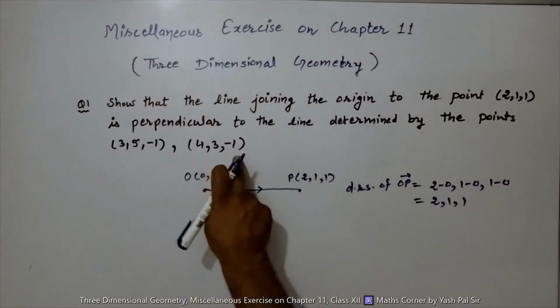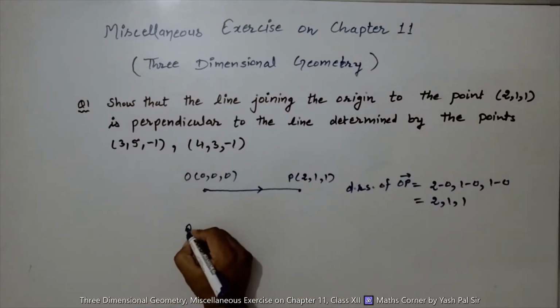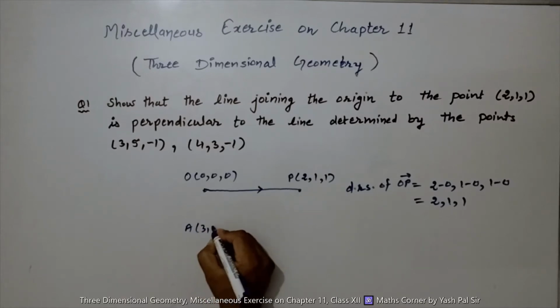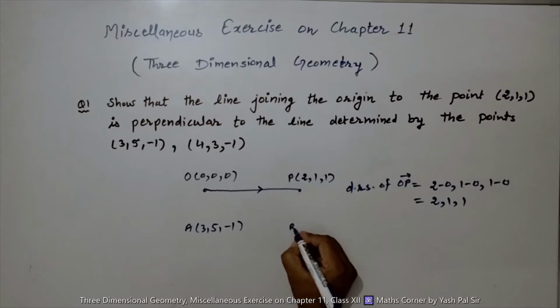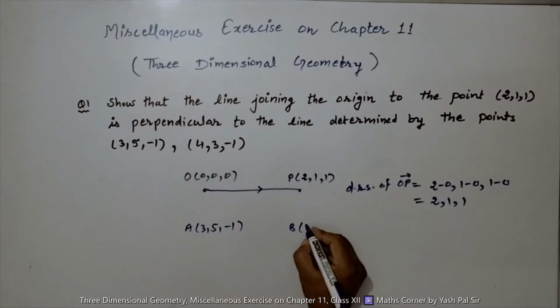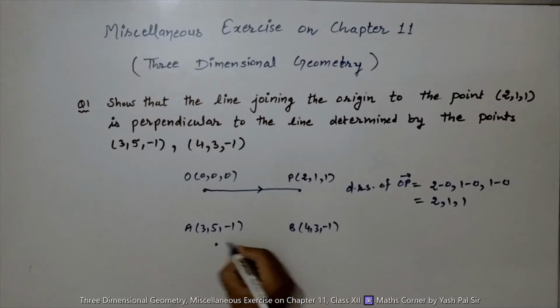Similarly, we have another line joining these two points. The first point is A, (3, 5, -1). The second point is B, having the coordinates (4, 3, -1). Let us join them.